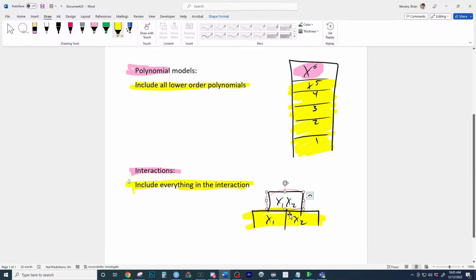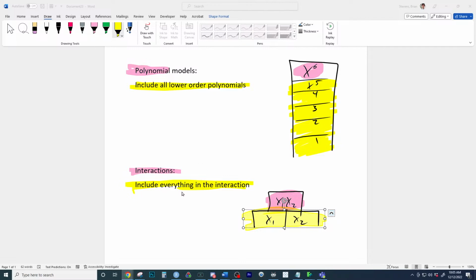So if you have an interaction right here, you need what in your model? So if we have an X1, X2 interaction in our model, then we need what in our model? We would need X1, X2 in our model.